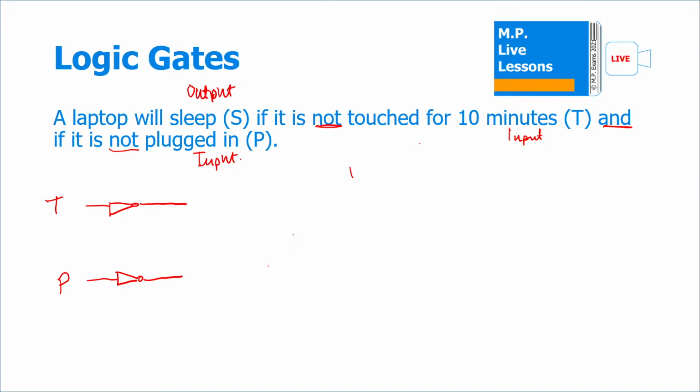So we use an AND gate. We can move these in together slightly and just draw an AND gate. And then that's our output S. So for example, if it's not plugged in, that'll be a 0. If not touched, the not will turn it into 1 here. And since both inputs are 1, output is 1, so sleep.